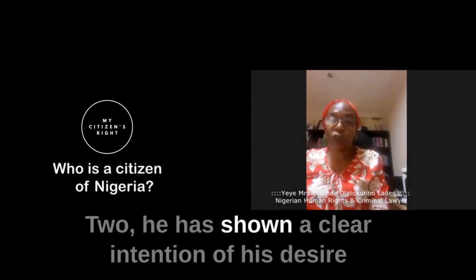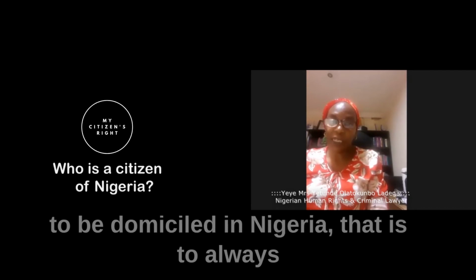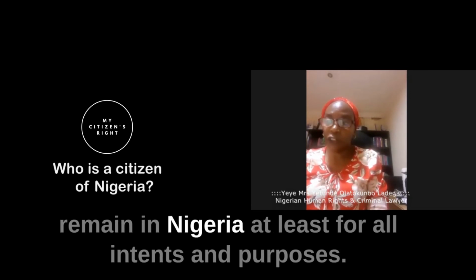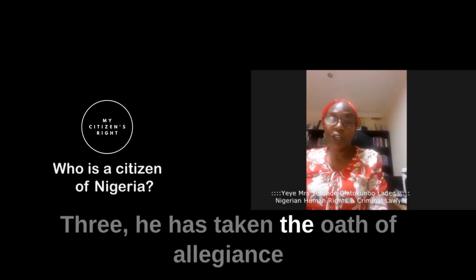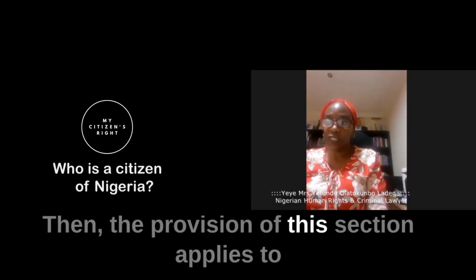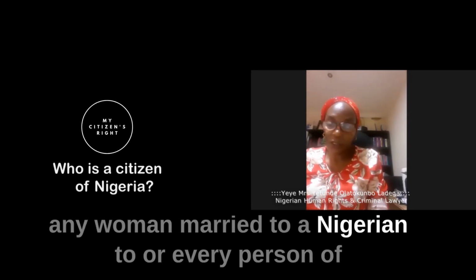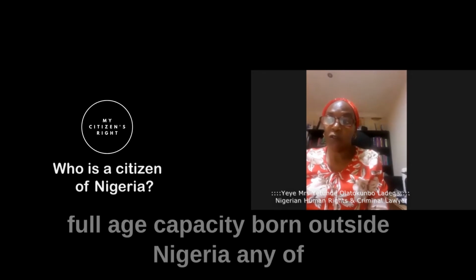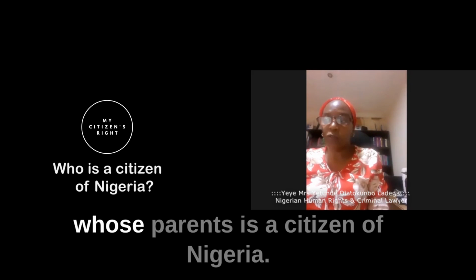Two, he has shown a clear intention of his desire to be domiciled in Nigeria, that is, to always remain in Nigeria, at least for all intents and purposes. Three, he has taken the oath of allegiance prescribed in the Seventh Schedule to this Constitution. The provision of this section applies to any woman married to a Nigerian, or every person of full age and capacity born outside Nigeria, any of whose parents is a citizen of Nigeria.